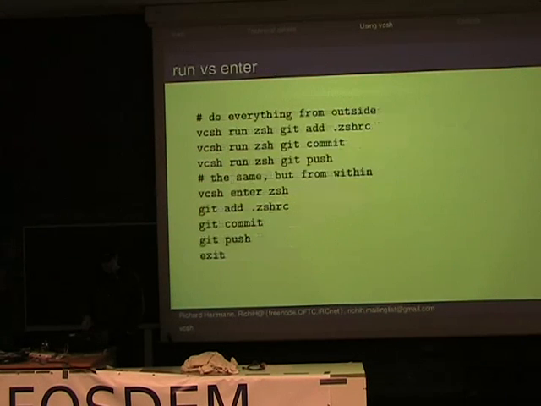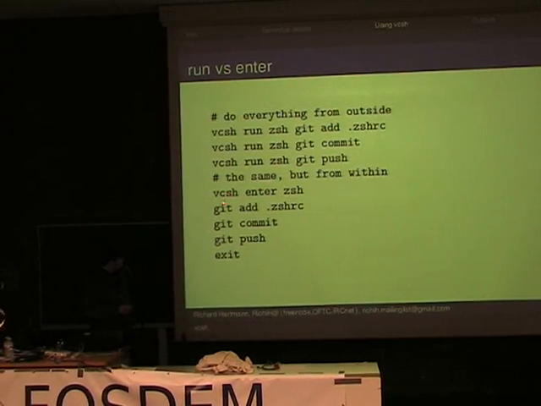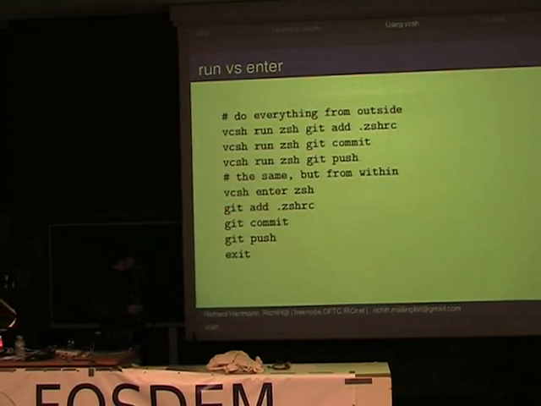You have two different kinds of contexts in which you can run commands. The one is you simply tell it to, every time you run it, build a completely new environment and run the command within the environment. Or you can simply run the environment once, spawn your shell, whatever that might be, and do whatever you want.